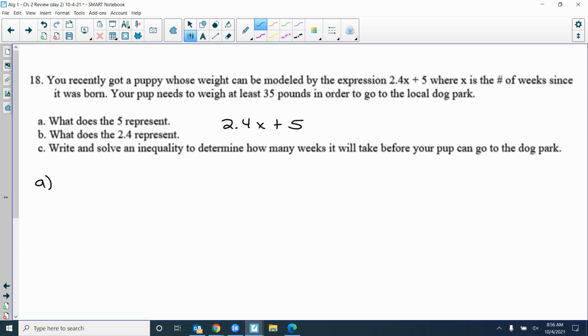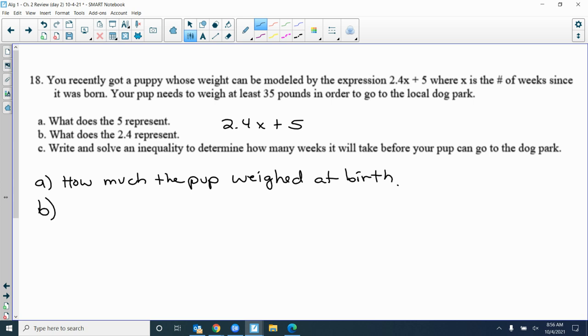So it's how much the pup weighed at birth, because x is the number of weeks since it was born. Okay, that would be the case.